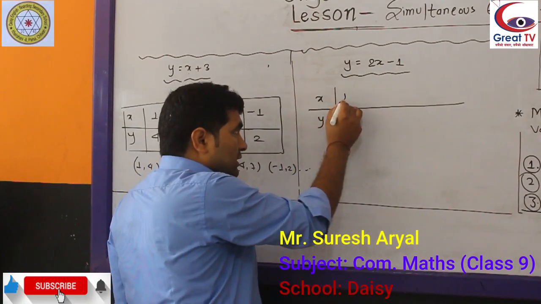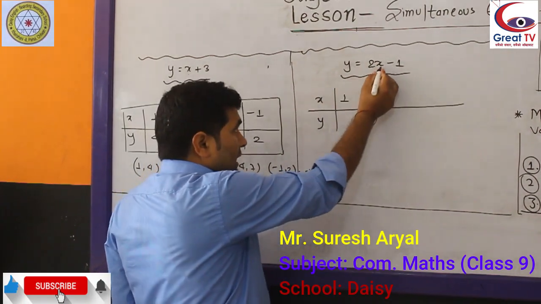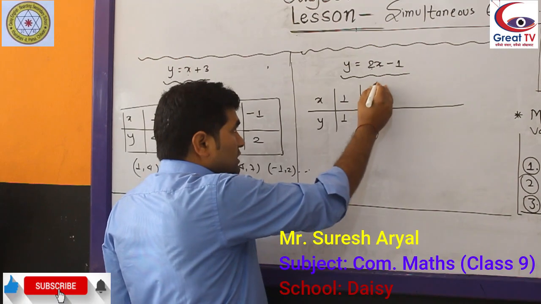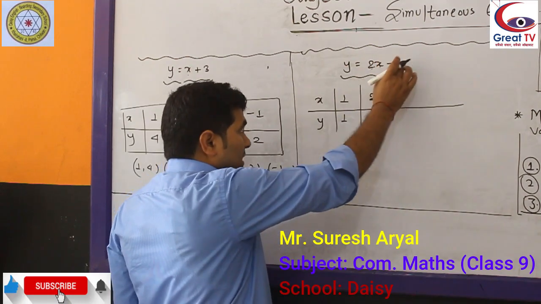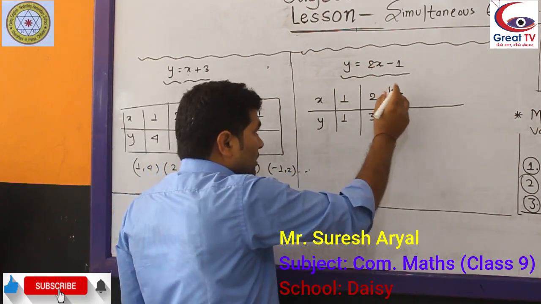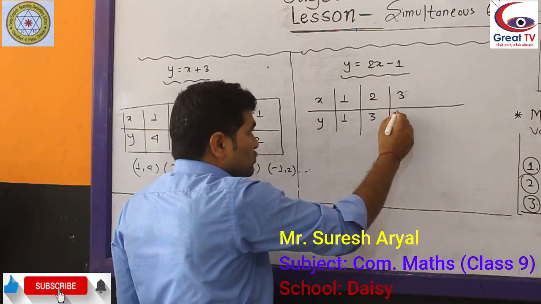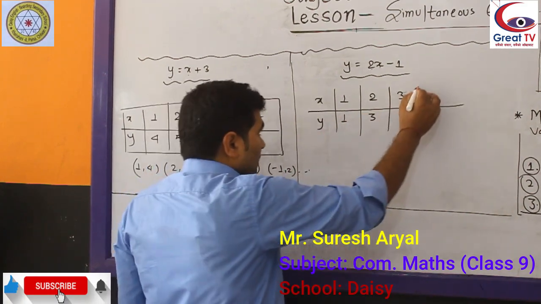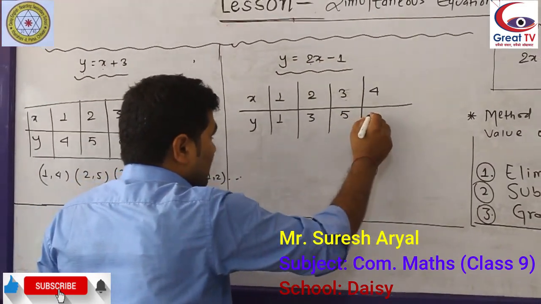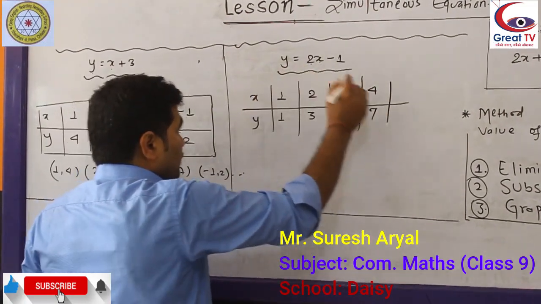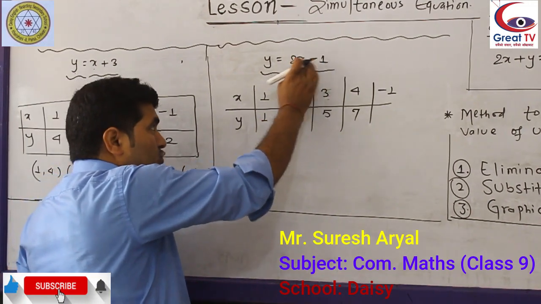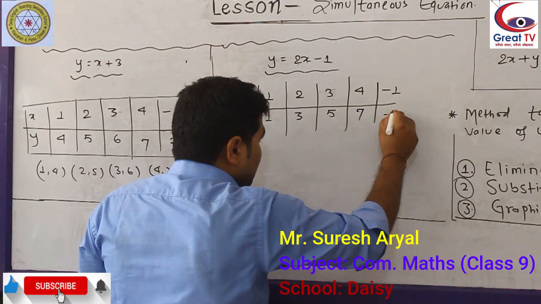When we put x equal to 1, then 2 ones are 2, minus 1, that is 1. Put x equal to 2: 2 twos are 4, minus 1, that is 3. x equal to 3: 3 twos are 6, minus 1, that is 5. x equal to 4: 4 twos are 8, minus 1, that is 7. x equal to minus 1: 2 into minus 1 is minus 2, minus 1, that is minus 3.